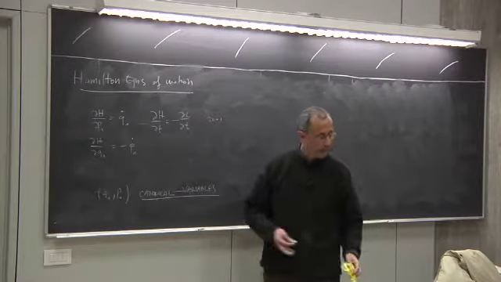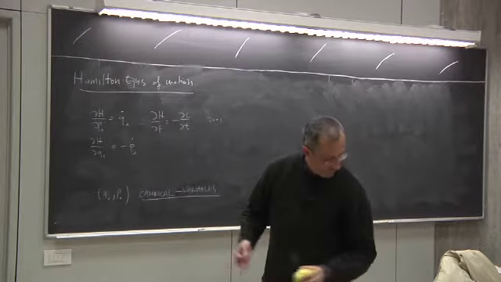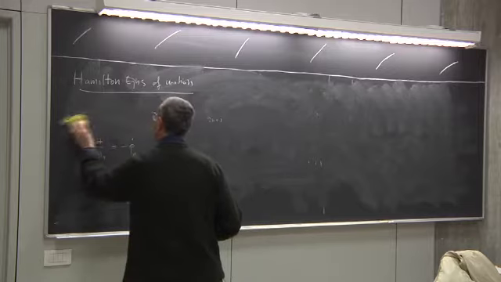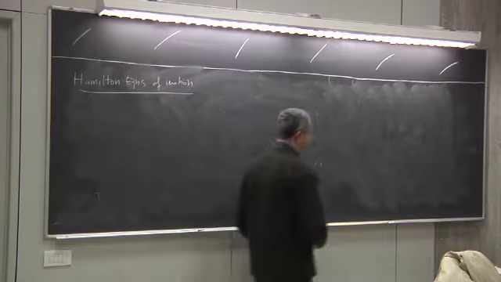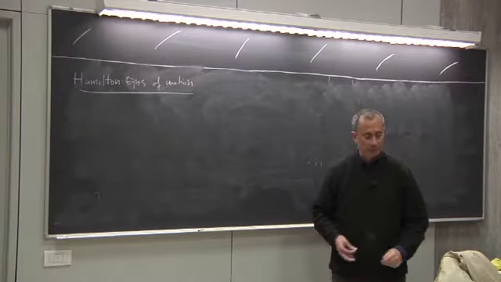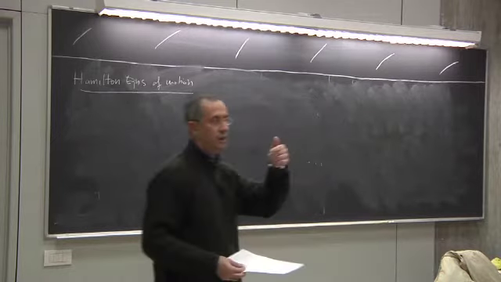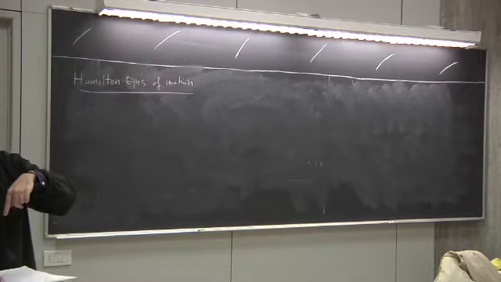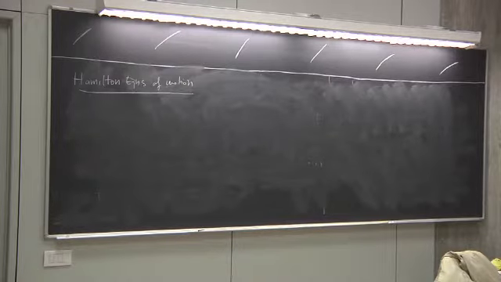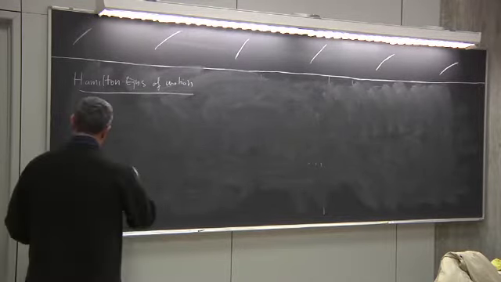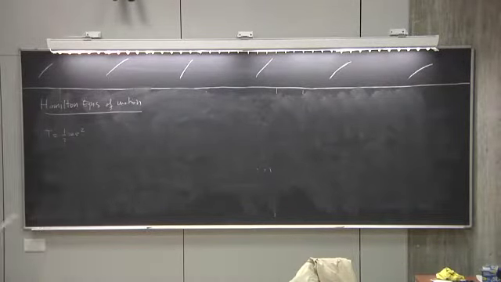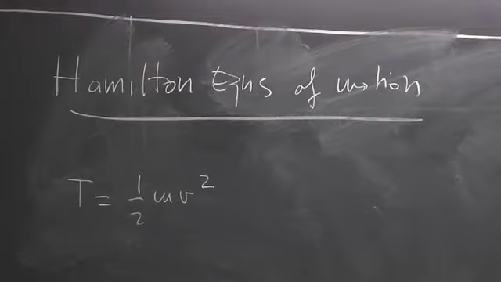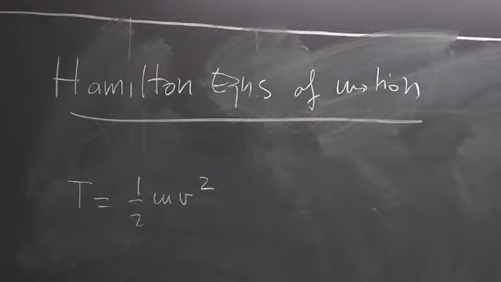So, for instance, what is the Hamiltonian for a free point particle of mass m? As I said, usually the simplest way to write the Hamiltonian is to write the Lagrangian, and then you change variables, because you write the Lagrangian in terms of the generalized velocities, and then you switch to the momenta. For instance, T is equal to 1/2 m v squared. That we like and love. This is the Lagrangian of a free point mass particle.